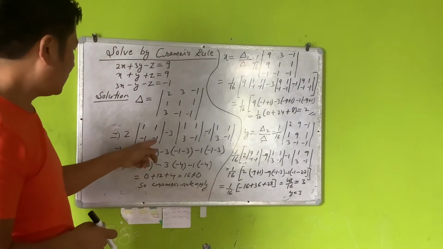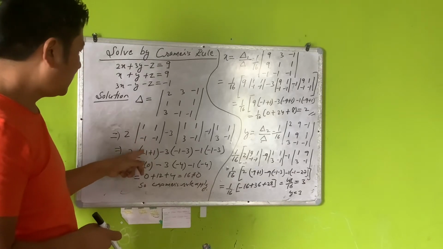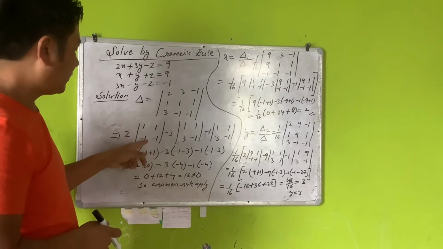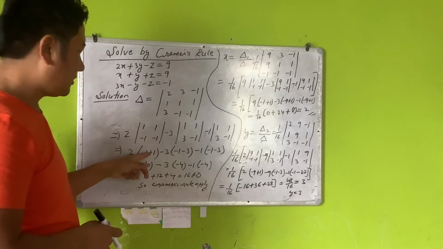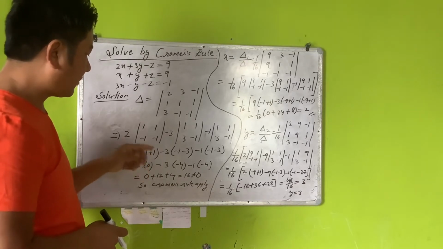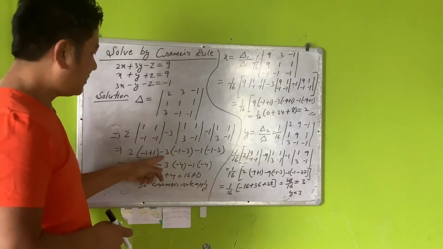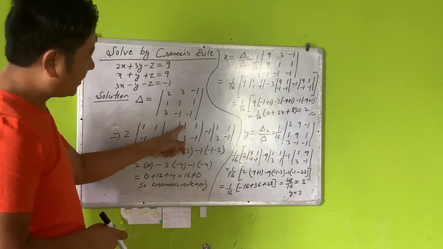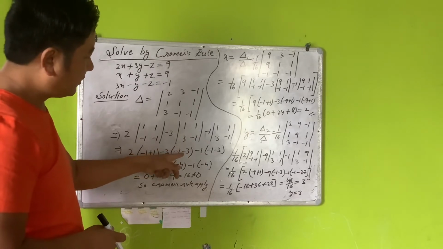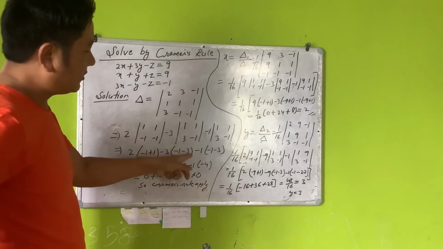2 times 1 into 1 1, so -1 into 1 -1. Here we have -1 in the formula, so it comes minus plus 1. Again -3, then 1 into 1 1 into -1. Here we have minus in the formula, so 3 into 1 3.